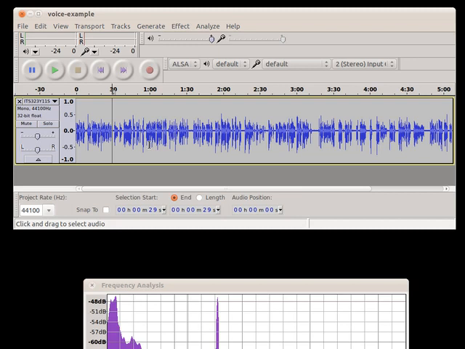Every sample is represented by a 16-bit number. So every second, we have 44,100 times 16 bits, for 300 seconds.